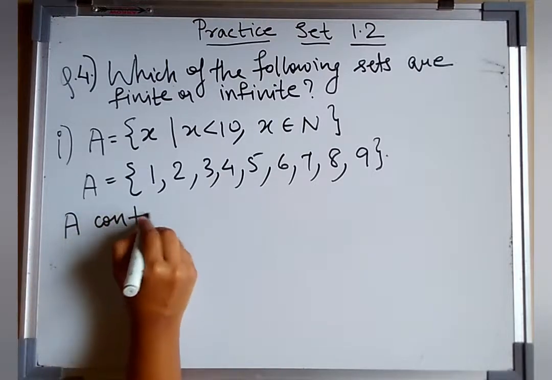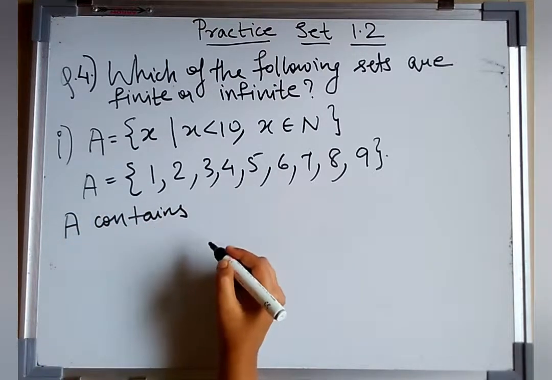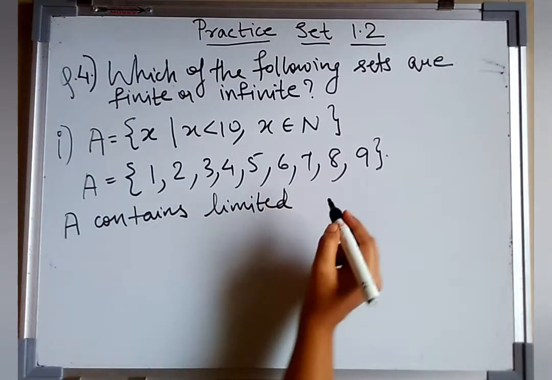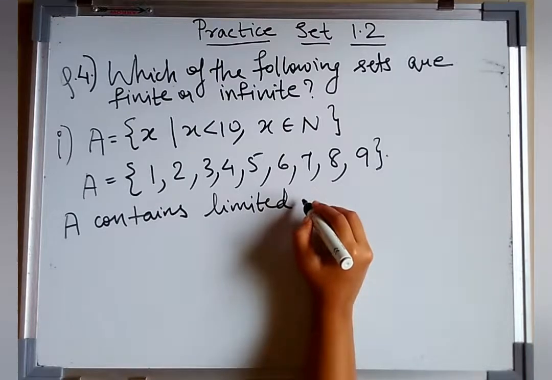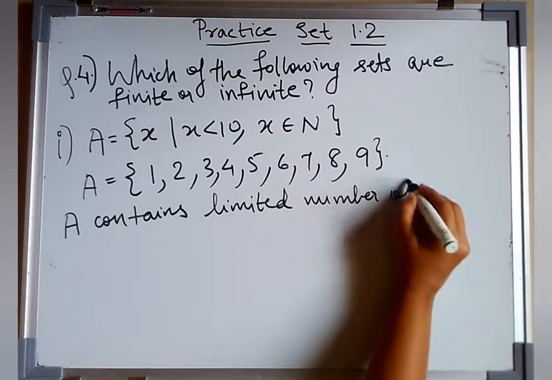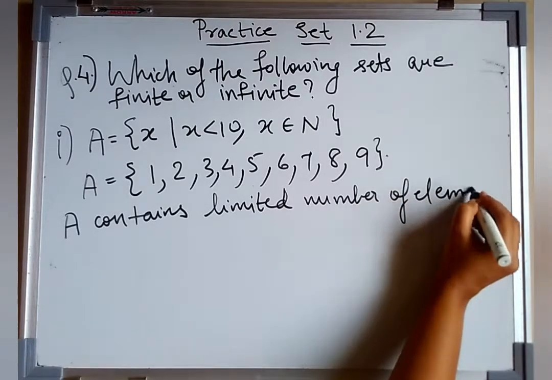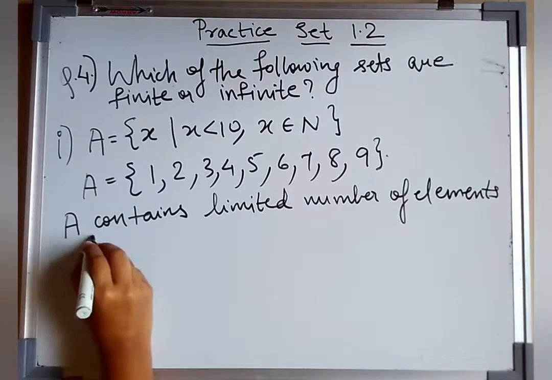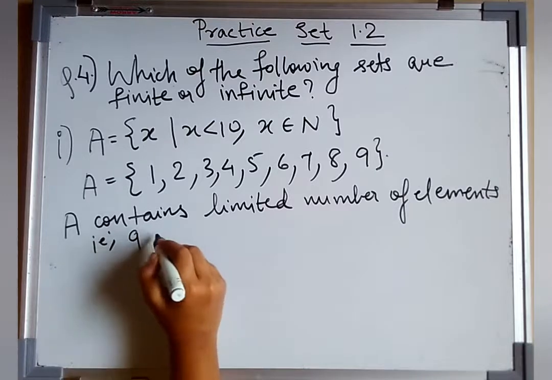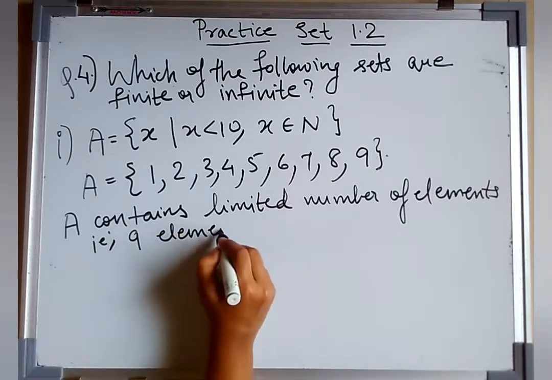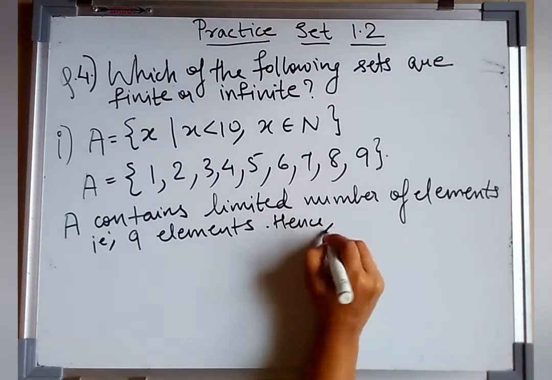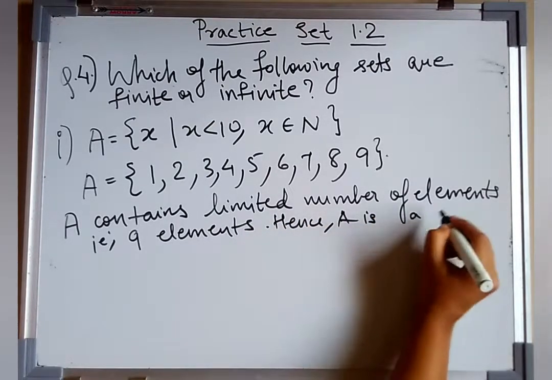A contains a limited number of elements, that is 1, 2, 3, 4, 5, 6, 7, 8, 9. 9 elements. Hence, A is a finite set.